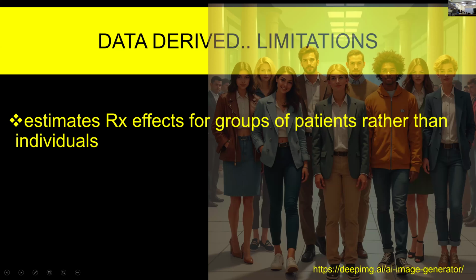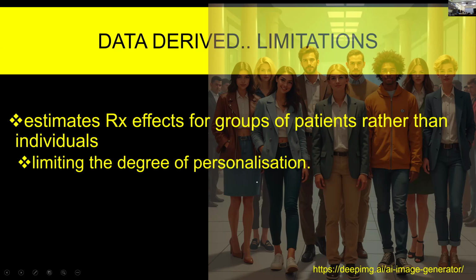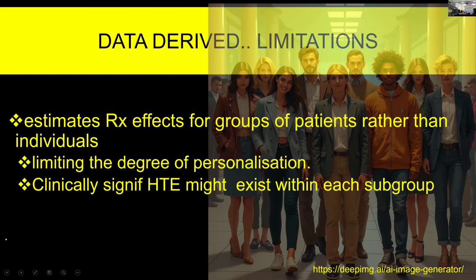No, it's a group of people who all have some age, gender, and comorbid characteristics. Together they will respond. Those are groups of individuals. So we can't do individual treatment effect based on this and say that you will respond like this. It's a group of persons. Within some subgroups, there may be some heterogeneity. Because I said everybody is divided into high and low risk, but within that high and low risk, there may be subgroups of people present still.